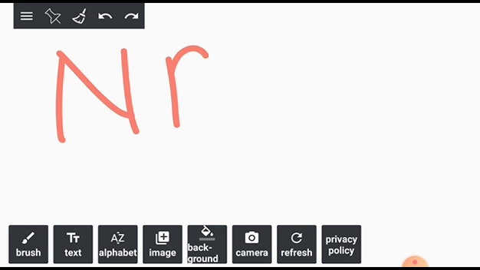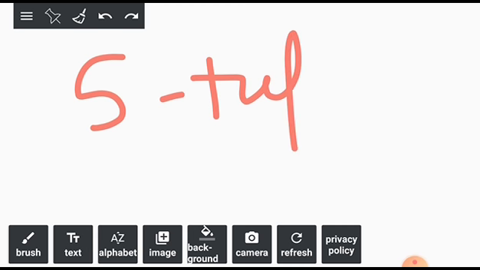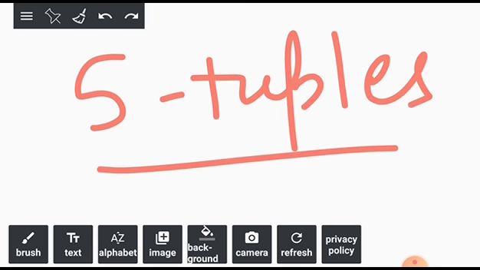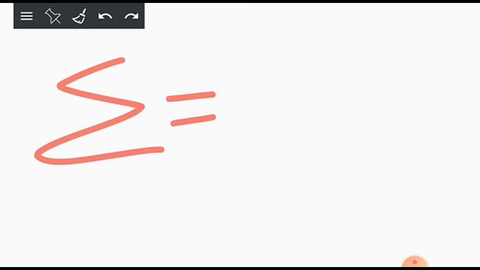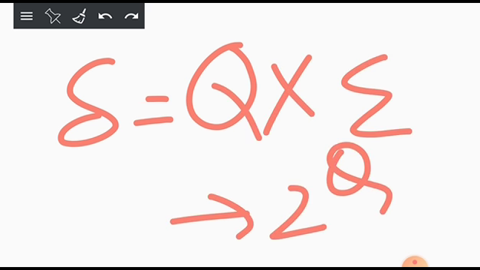So what about the non-deterministic finite automata, NDFA? In the case of NDFA, you also represent it with 5 tuples, and all the 5 tuples behave the same as in the DFA, but the only difference between them is in the delta. So we have delta equals Q cross sigma tends to 2 raised to power Q. It means that on getting the same input, we can have one or more than one transitions.